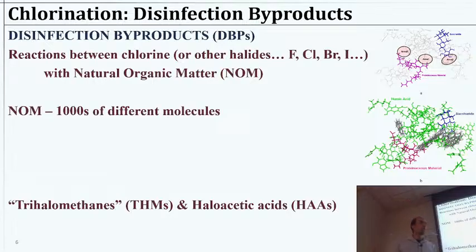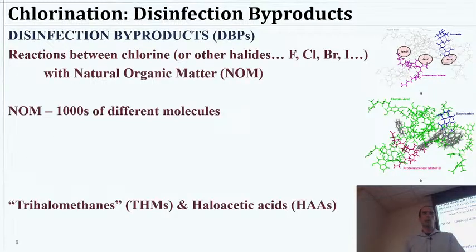So, I want to talk a little more about disinfection byproducts. I've mentioned them a few times. Really, any halogenated organic compound would fall into this class. With natural organic matter or other dissolved organic matter, wastewater or whatever, there are thousands and thousands of different molecules. They have different moieties, different functional groups on their perimeters and as part of their makeup. And so if we add a bunch of chlorine, we will be halogenating different pieces.